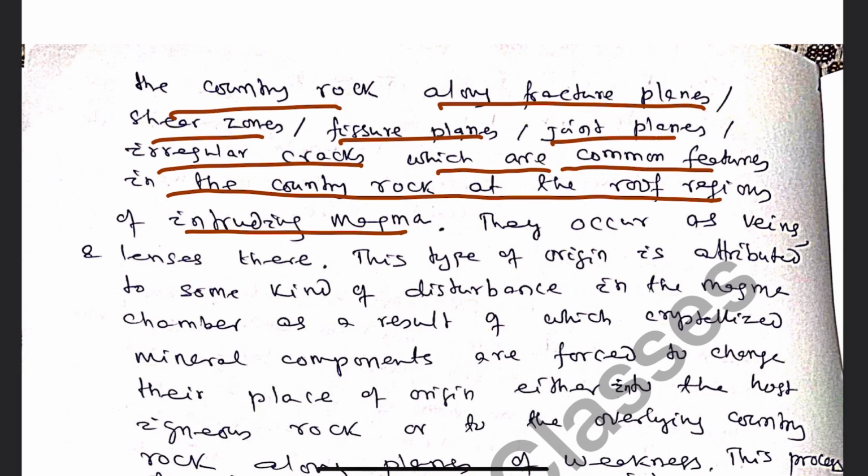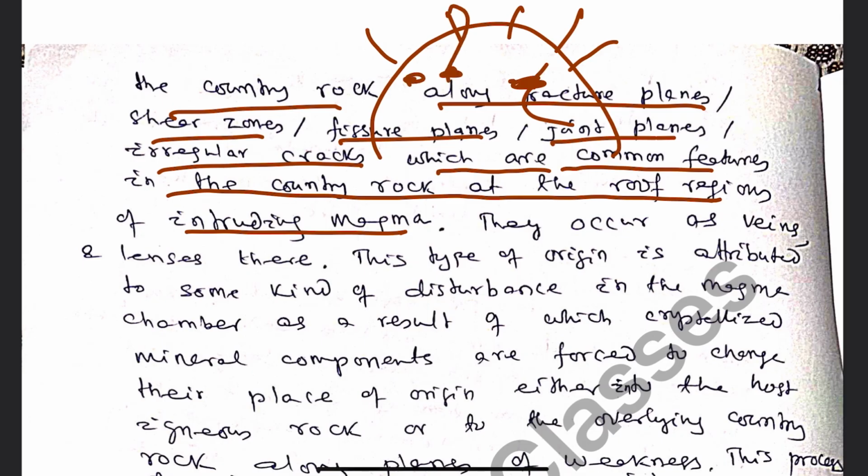When the magma is intruding, it is intruding with a force. So the roof regions are found to be cracked, jointed, and the early formed minerals are found to be squeezed into these cracks, or injected into these cracks. So there the injected minerals get concentrated in the cracks or they form injection deposits.